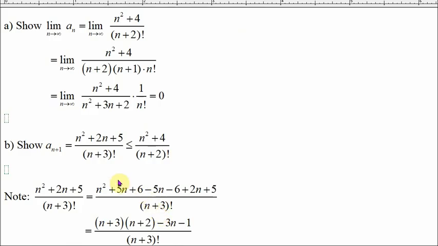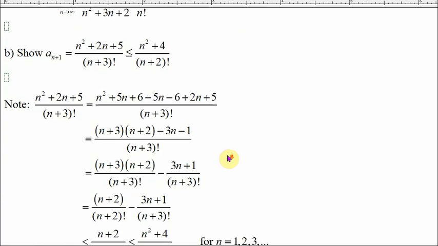And then the next part, we need to show that a sub n plus 1 is less than or equal to a sub n for all n starting at 1. And so here is a sub n plus 1, and I'm going to rewrite the numerator as n squared plus 5n plus 6, and then minus 5n minus 6, and plus 2n plus 5.